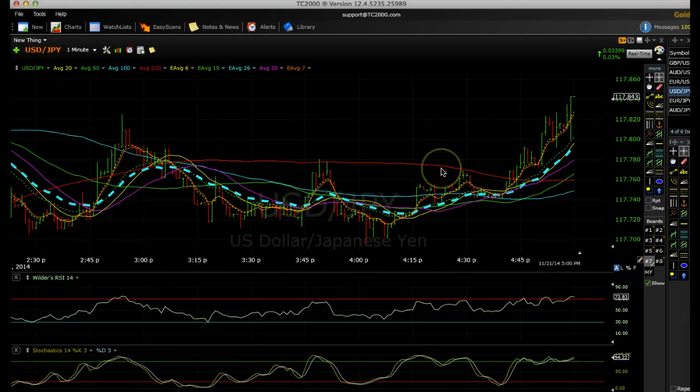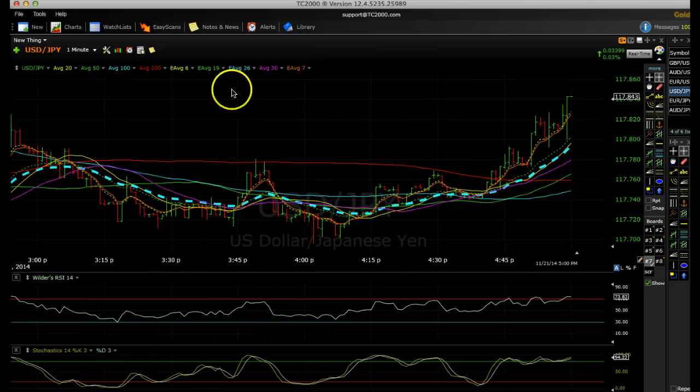This is how I determine my pops. This dip below the 200-day moving average. See how we retest, trying to go back above the 200-day moving average.